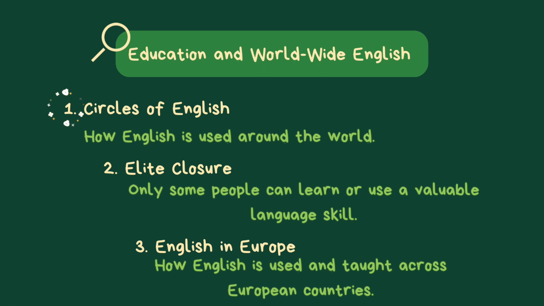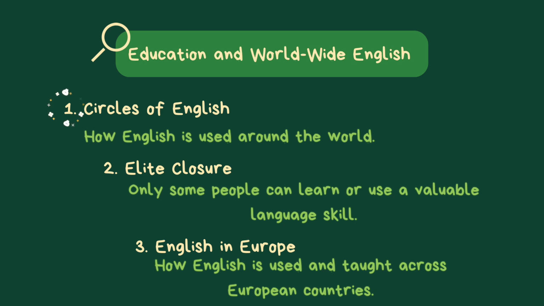The first circle is the inner circle, countries where English is the primary or native language, such as the United States, the United Kingdom, Canada, Australia, and New Zealand. In these countries, English is the main language used in education, media, and daily communication.